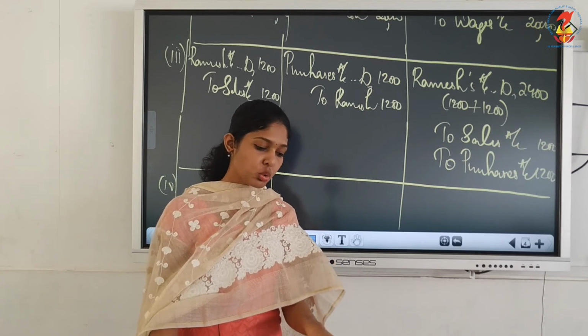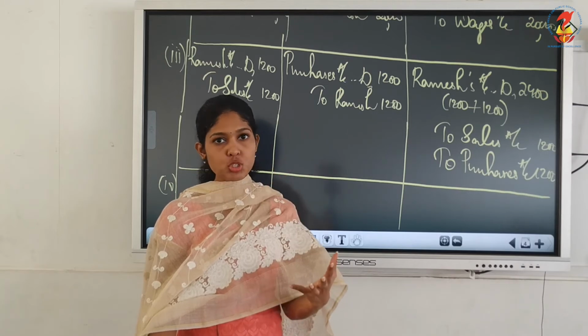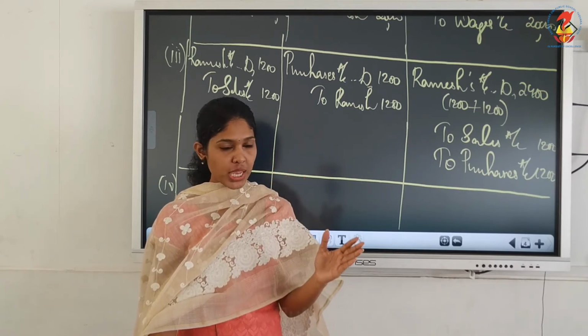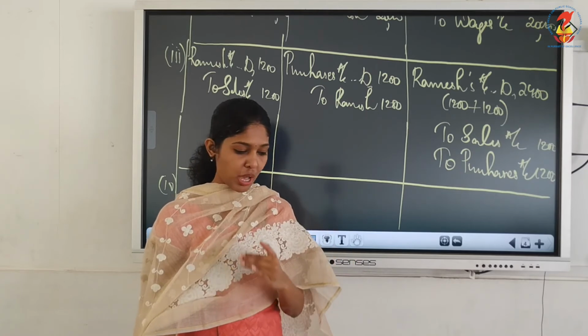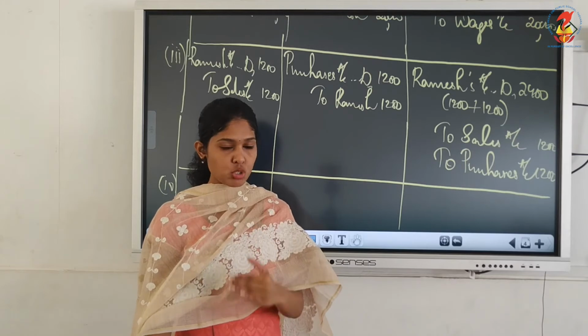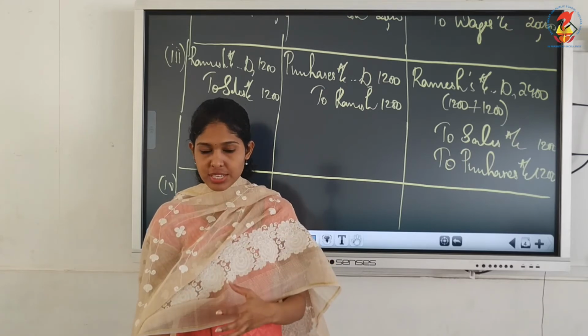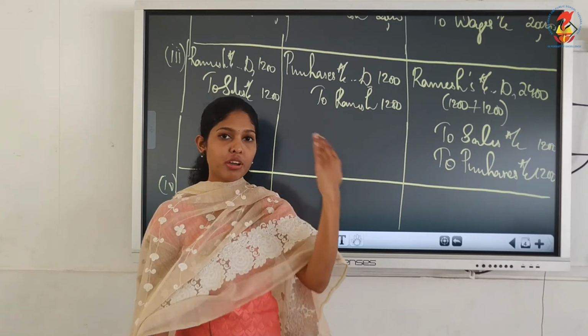Actually you had to write 5,000. So the actual journal entry is purchases account debtor to cash account. You have purchased goods for 5,000. Purchases to cash 5,000 is the actual entry, but you have debited purchases only with 500 instead of 5,000.